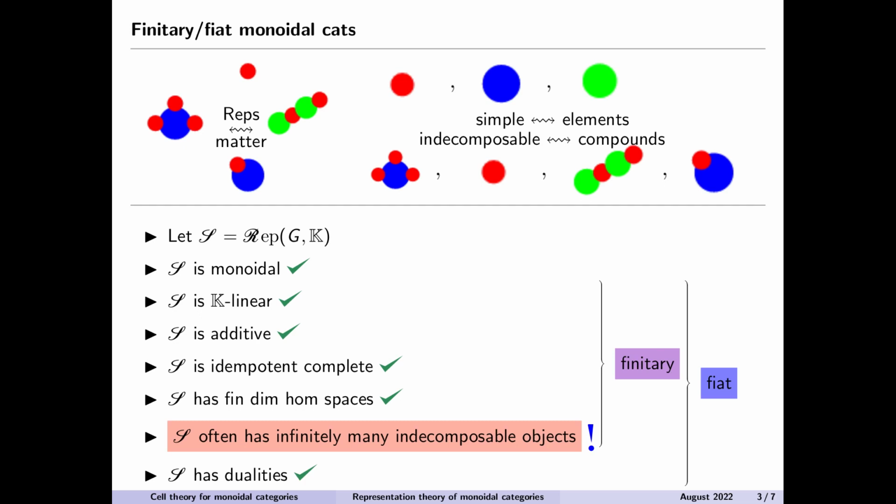So adjunction and duality is kind of categorical. Okay, thanks Ben. So finitary are those guys. That's just to say it again, everything is finite. And if I have dualities, then I will call it fiat. So this is an example of a fiat monoidal category. Well, unless this is not satisfied. Okay. Makes some sense.